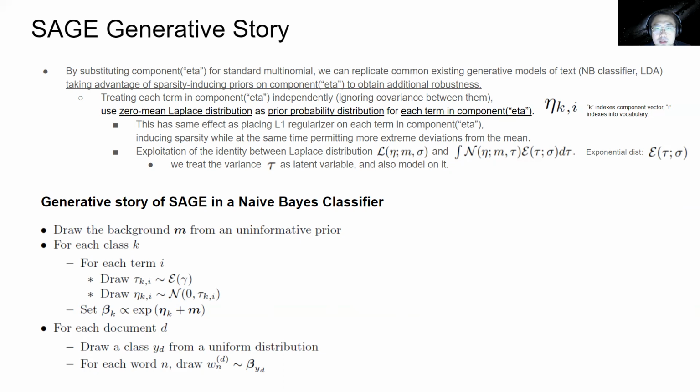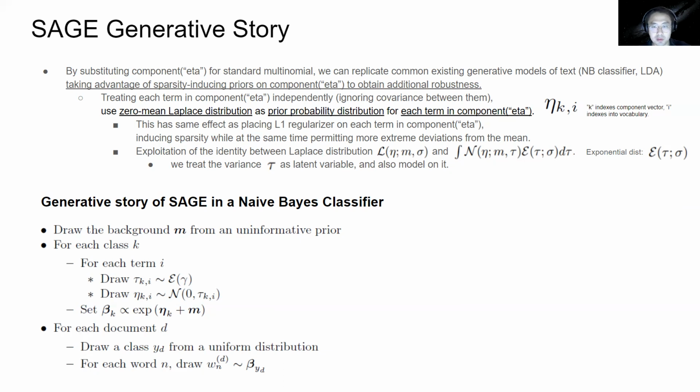That sparsity specifically comes from the Laplace distribution, which has an identity with the compound of the normal distribution and exponential distribution. The normal distribution will have a mean of 0 for sparsity, since sparsity is a lot of zeros.